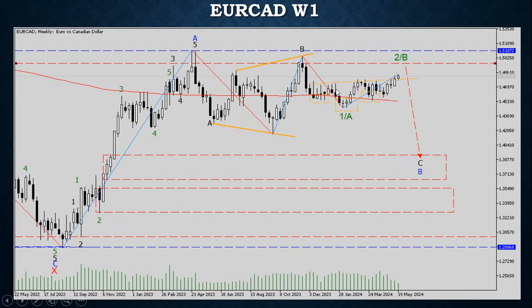As you can see here, after the formation of wave B, the price moved sharply to the downside, which for me is the formation of wave A or wave 1, and then we also have this wave 2, wave B. Again, you can see that we have another possible wave cycle.